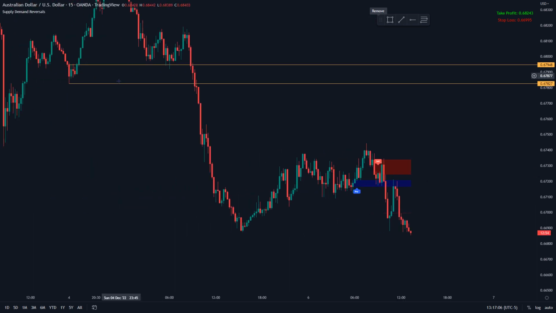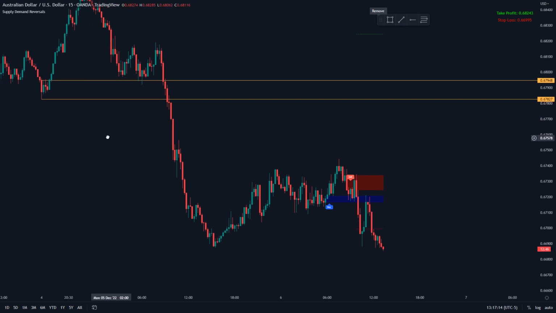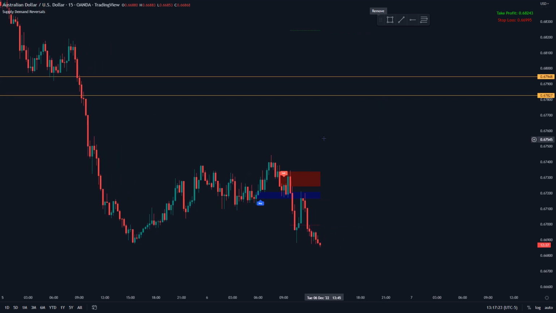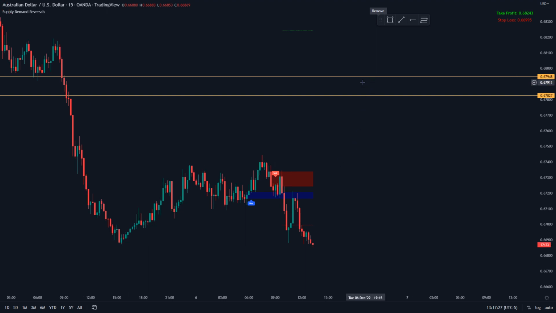So with that in mind, remember our higher time frame markup. We are looking for a possible sell from this supply zone on the 4-hour, right? So obviously as price moves around, and obviously, may not even get up here anytime soon. But once it comes up here, we've got our higher time frame zone marked out.